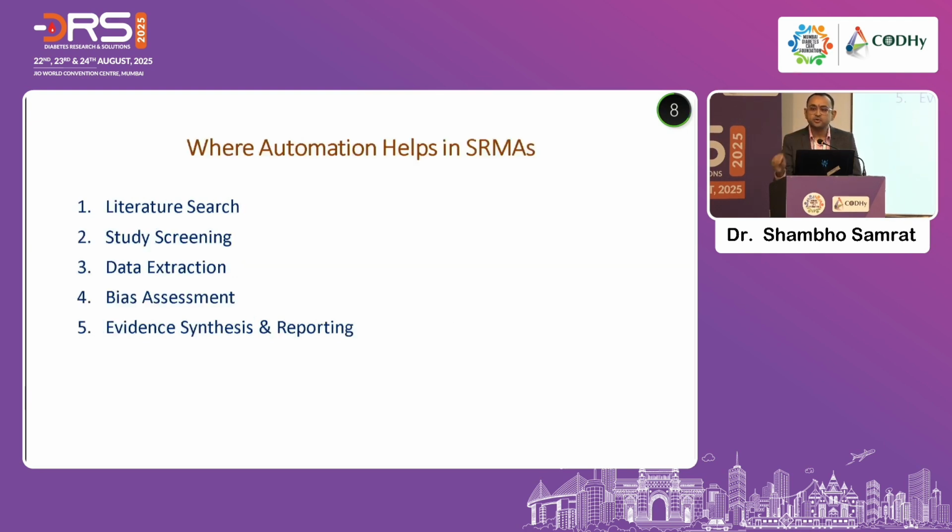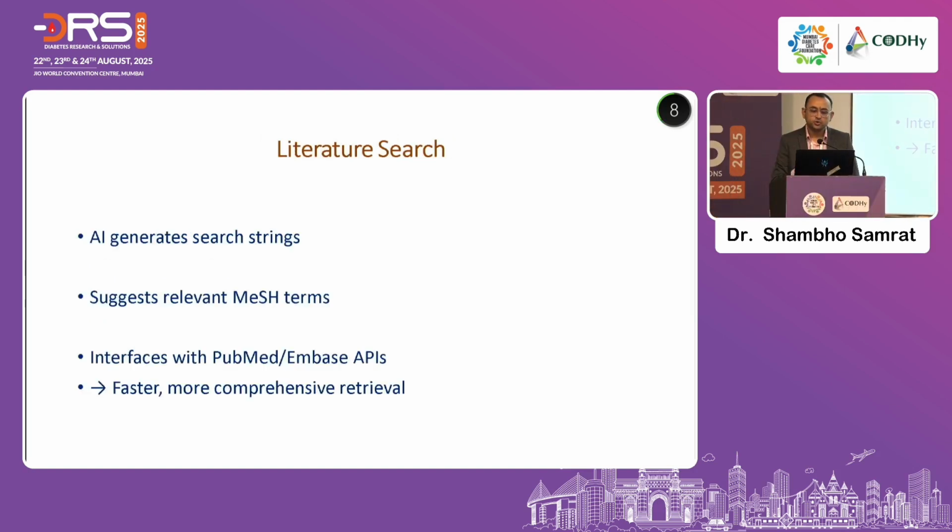Coming to another important area, because to do research you have to do review, and systematic review is the most important review. There are certain steps we can see in systematic review meta-analysis, starting from literature search to evidence synthesis and reporting. While doing literature search, the AI tool, even ChatGPT, will suggest relevant MeSH terms.